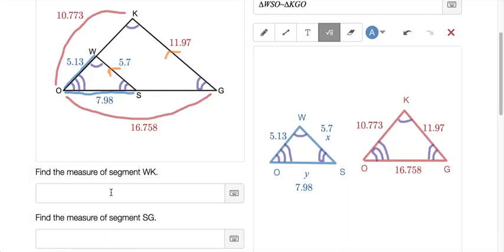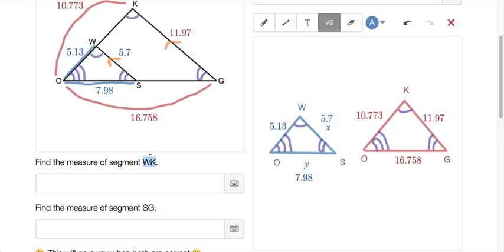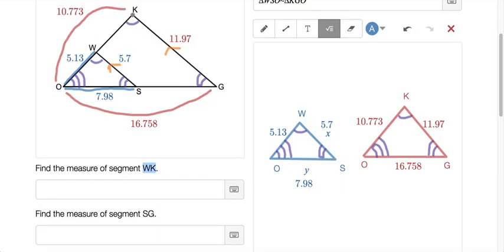Now we have two more questions to answer. We need to find the measure of segment WK and find the measure of segment SG. WK is part of the big triangle. It's not the entire side. The entire side is 10.773. This whole red business here from K all the way to O is 10.773.